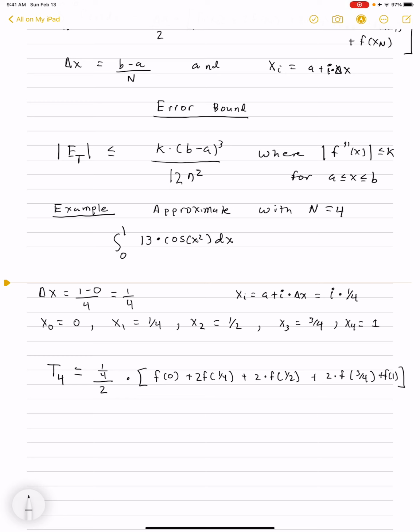Remember, f of x is what's inside this integral. So that's 13 times cosine of x squared.